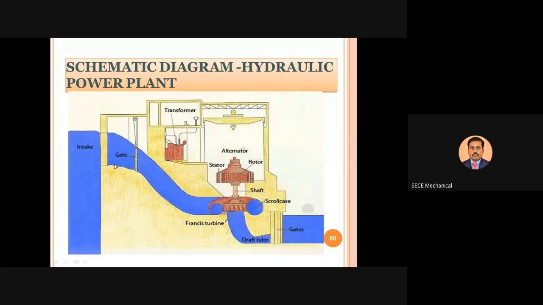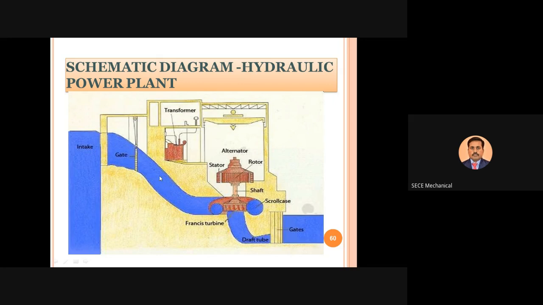When the water flows from the reservoir to the turbine, due to the pressure difference, an air lock may happen, and some pressure energy loss may occur. That can be compensated with the help of the surge tank.